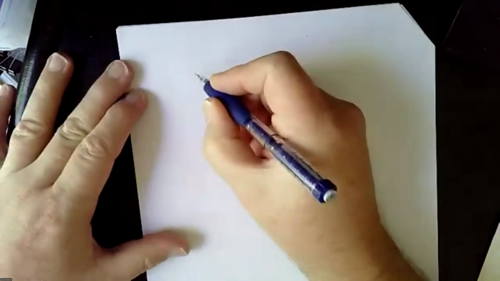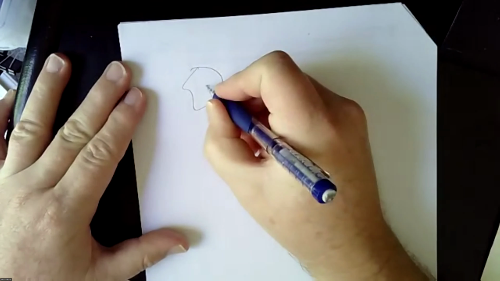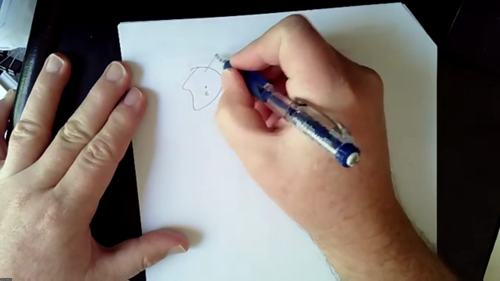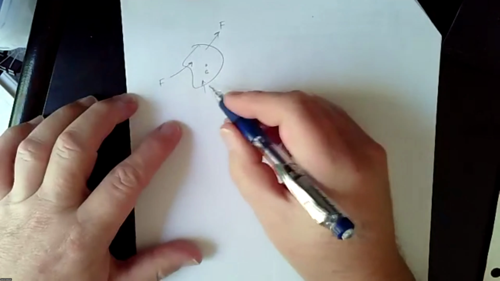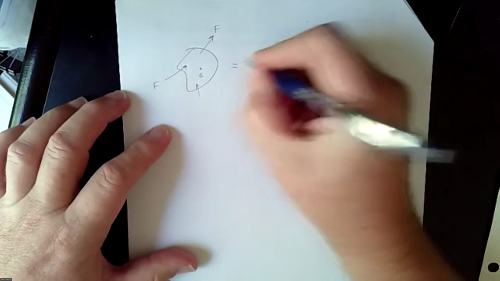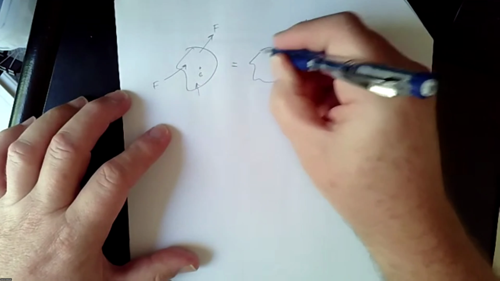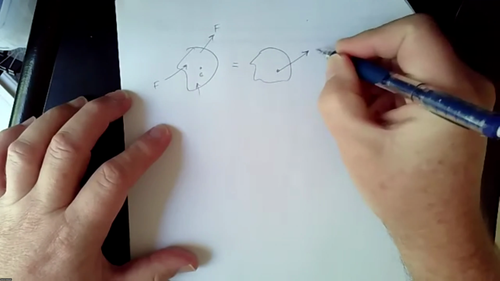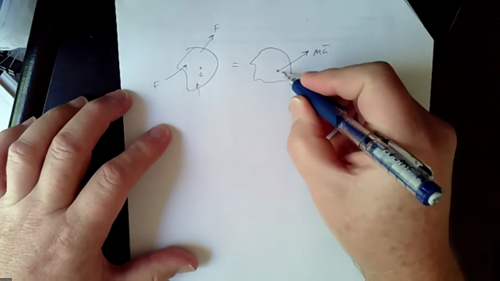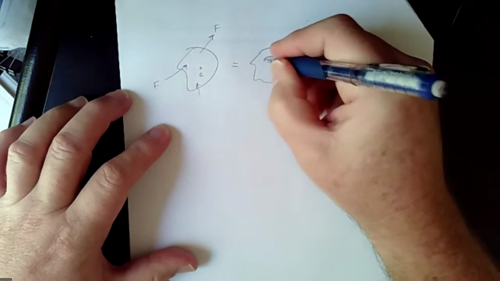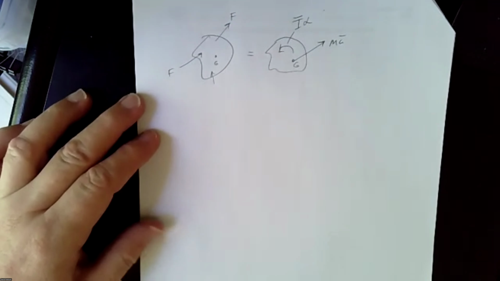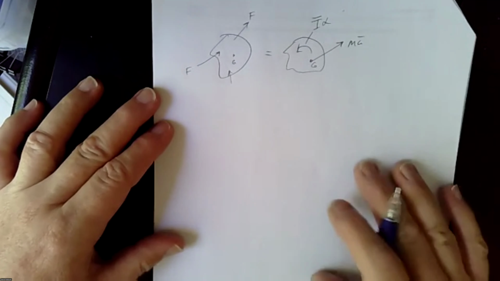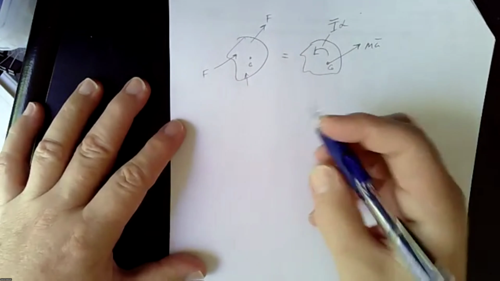Now, remember what we're saying is that if you have an object, here's your center of gravity, and you have a bunch of forces acting on it, that we can write as equal to a mass times acceleration of the center of gravity and a rotation denoted as I bar alpha.